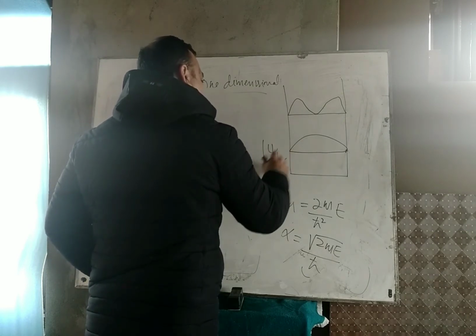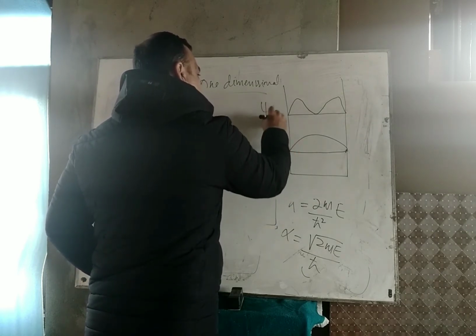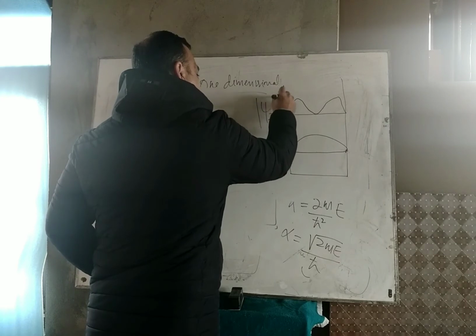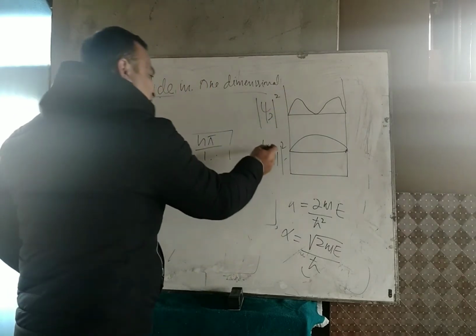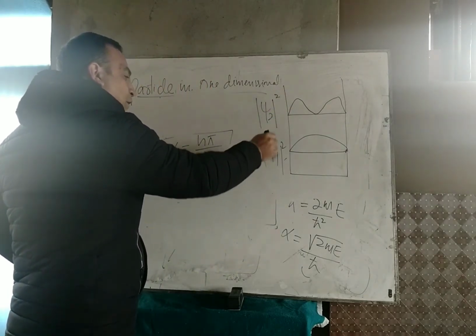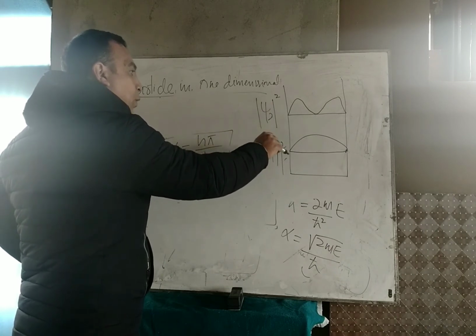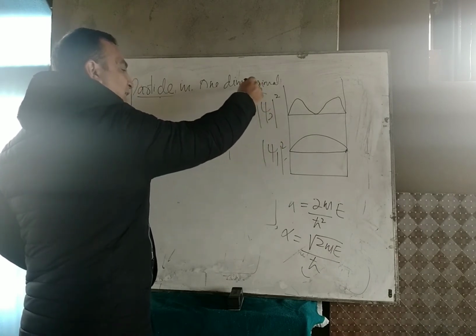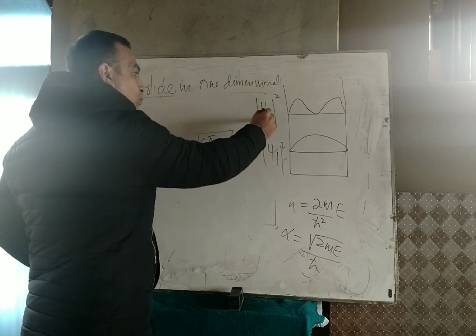This is psi 1 square and this is psi 2 square. So this is the probability density for the wave function in the state n is equal to 1. This is the probability density for the wave function for the state 2.